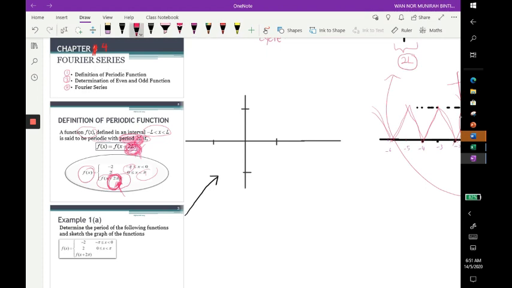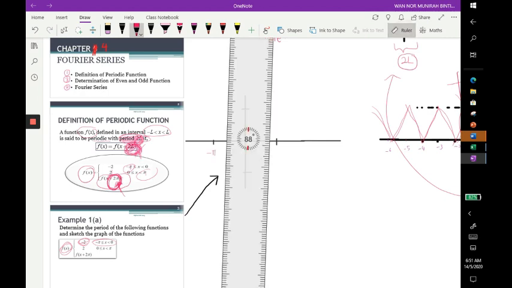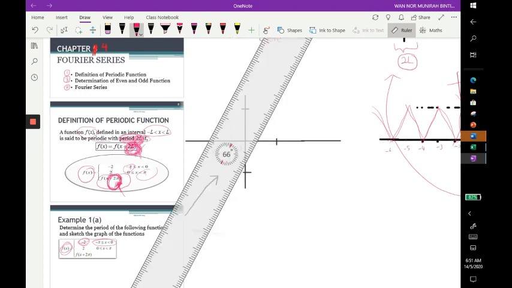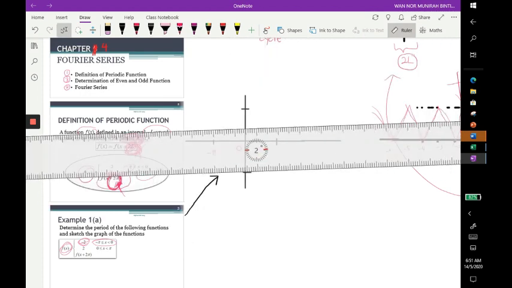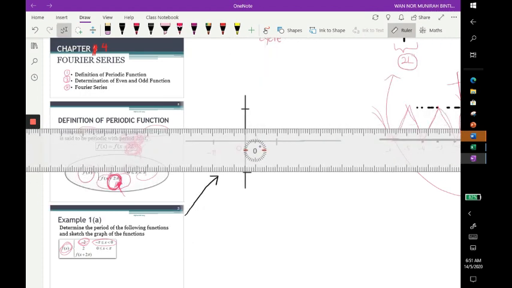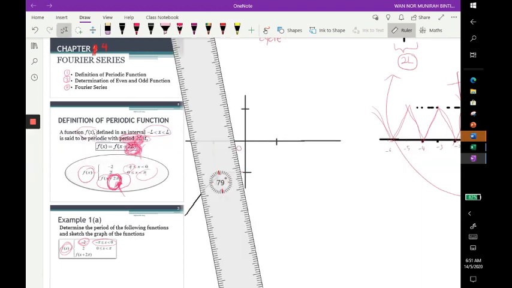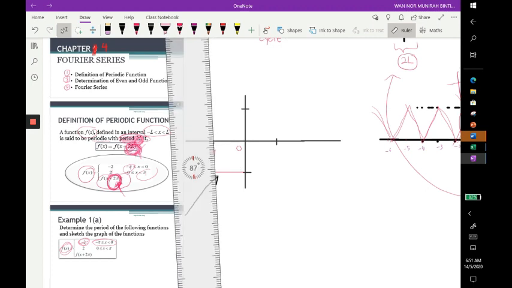For example, you have the same question: f(x) equals -2 within this interval. From -π to 0, you have -2. Let's say -2 is here, and your x-axis starts from -π, the dotted line.